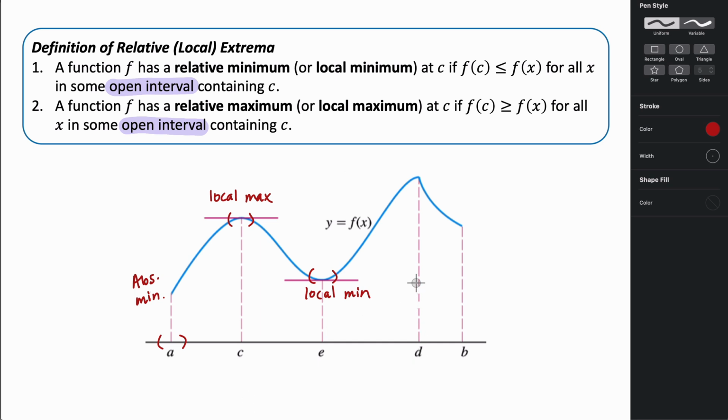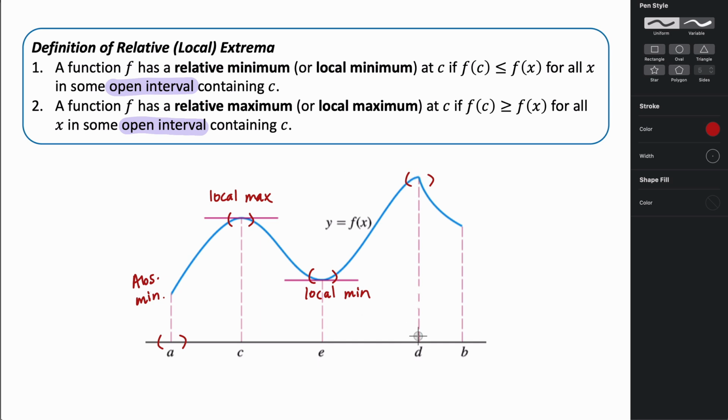So what about at D? We can see here at D, our function's not differentiable. We have a sharp point here, but differentiability isn't a consideration when looking at relative extrema. If it's the highest point or lowest point in some interval immediately surrounding it, then it is some kind of local or relative extrema.